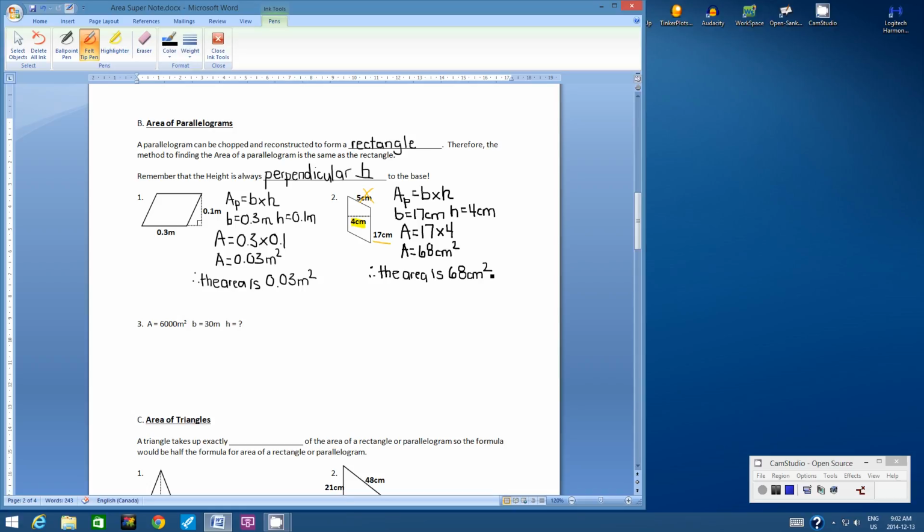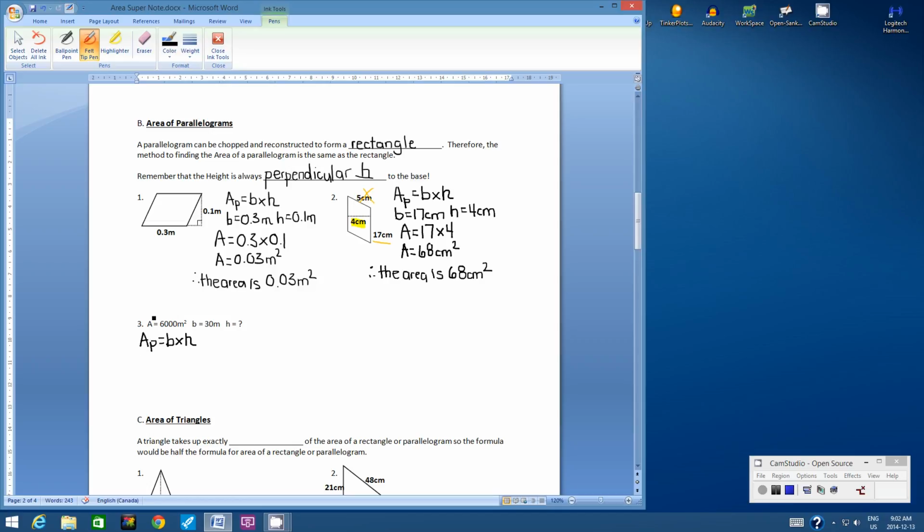All right, example 3. Example 3 is very similar to example 3 in our first video on area of rectangles. So let's see what we're given here. We'll start with line number 1, our formula line. Area of a parallelogram equals base times height.